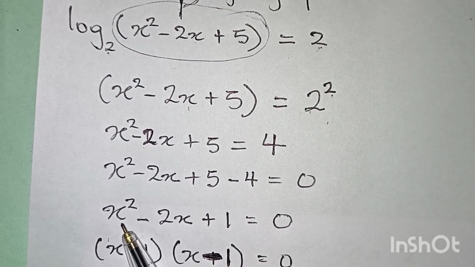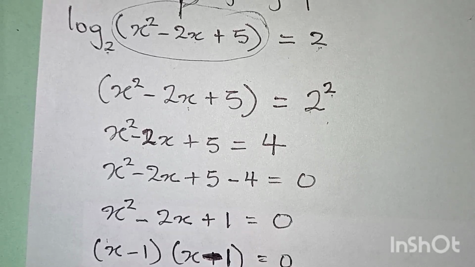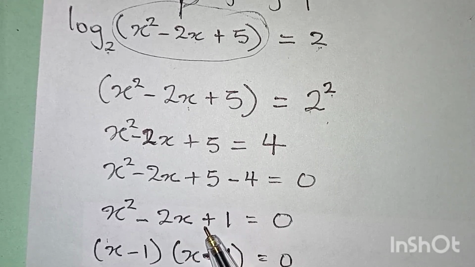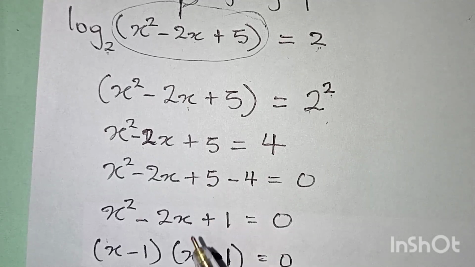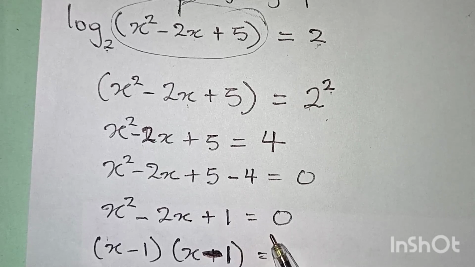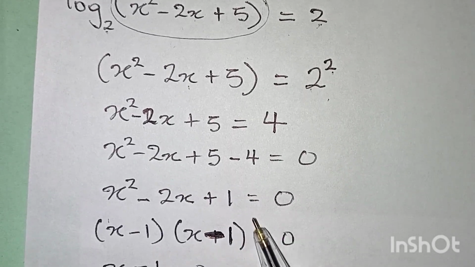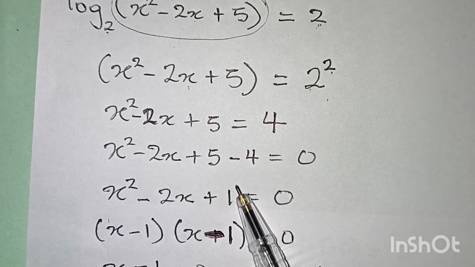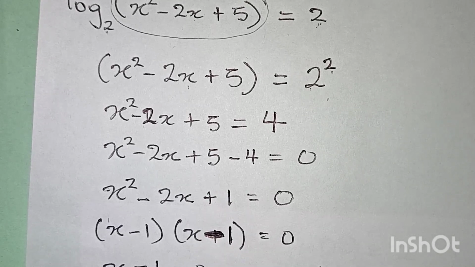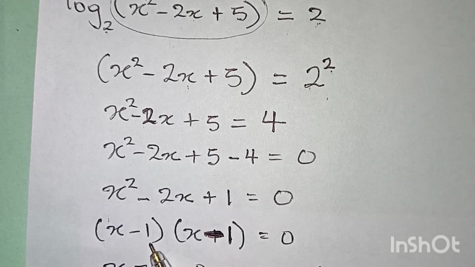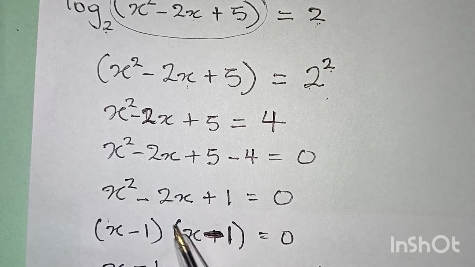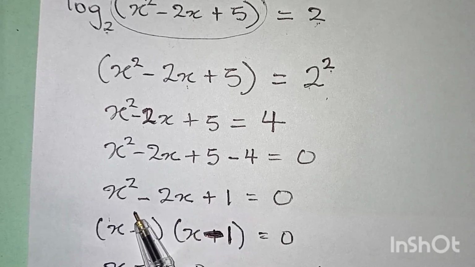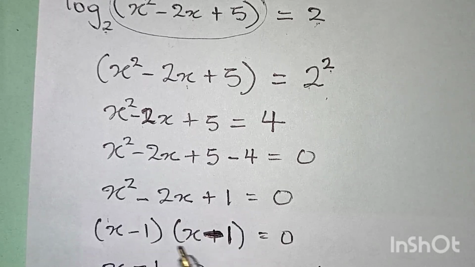And we now take x squared minus 2x plus, it is 5 minus 4 here, that resulted to 1, and everything equal to 0. Factorization, what will you multiply together to give you 1? 1 times 1, that is the 1 you have here. If you add 1 plus 1, it will give you plus 2, not negative 2. So it's only minus 1 minus 1 that will give you minus 2.